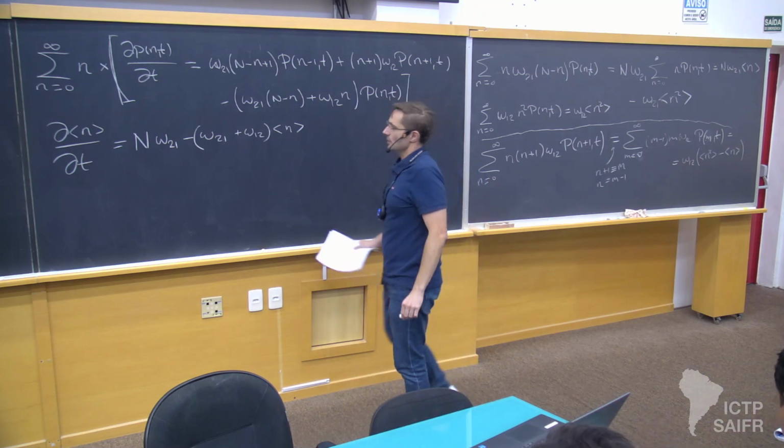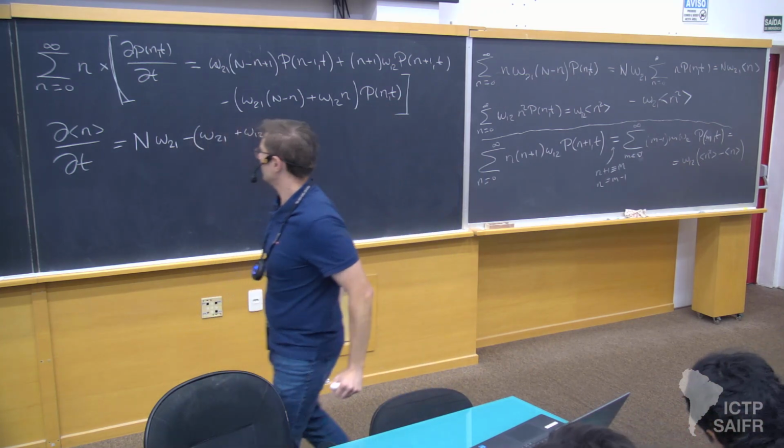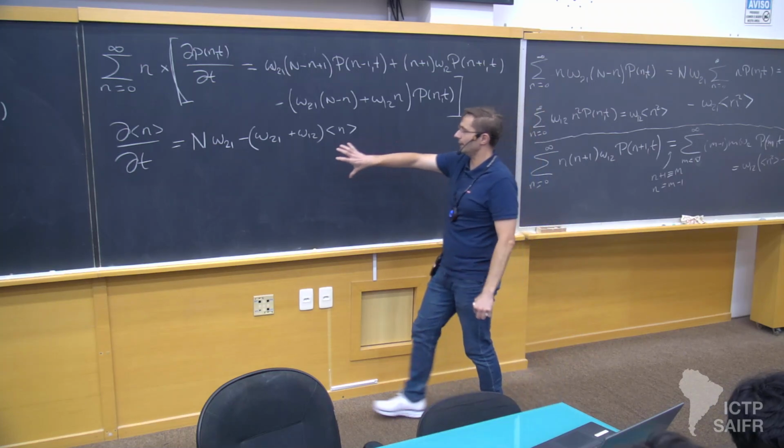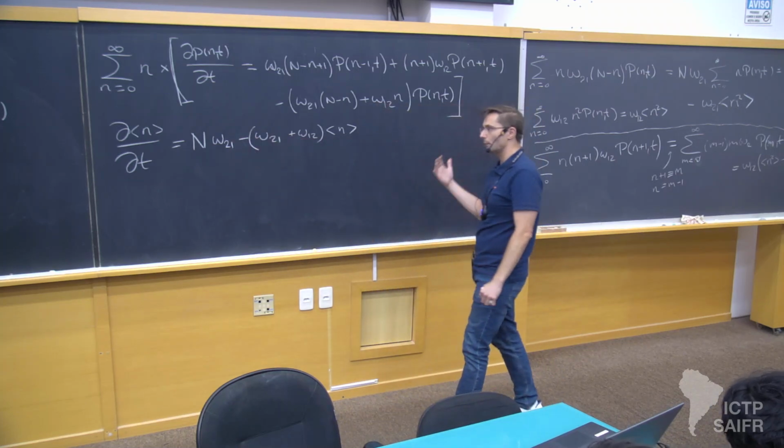So you get a very simple ordinary differential equation for the mean value of n, the mean number of particles in state 1.